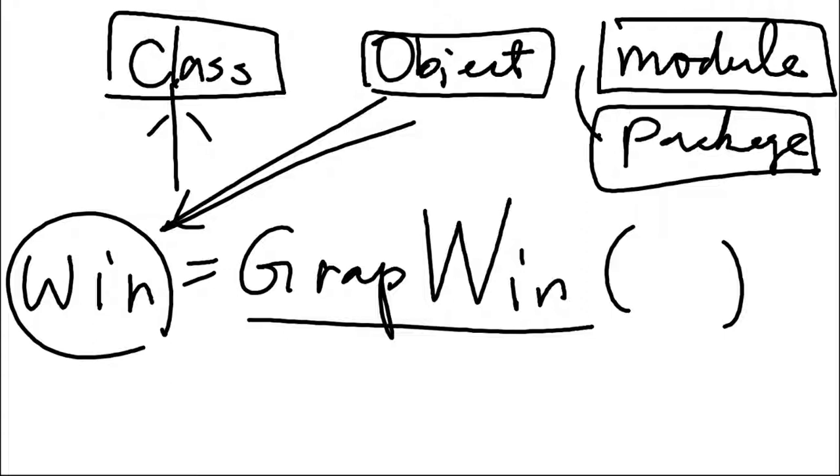And GraphWin is the class. GraphWin is a class, while win is an object. So what is an object and what is a class? I'm confused. I'm not sure.